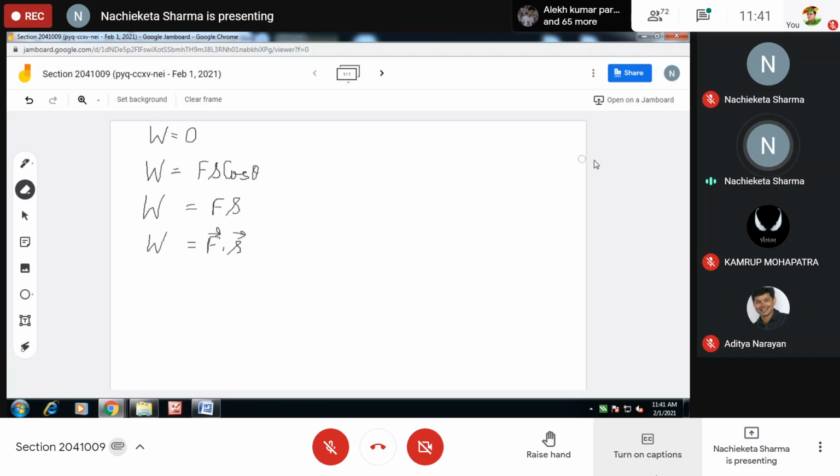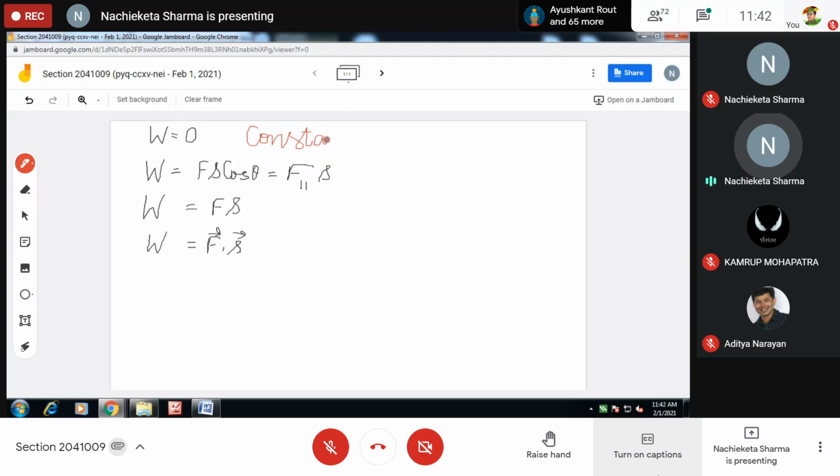Also I can write this as F parallel S, because F cos theta is parallel. These are all for constant force. The keyword is constant force. These are valid so long as the force is constant.